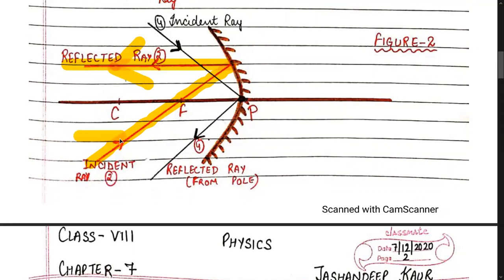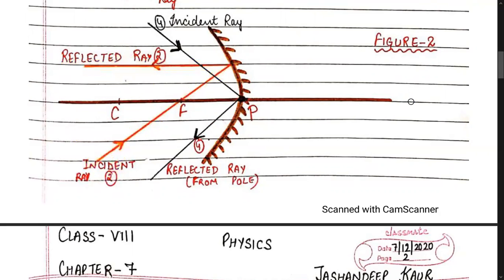So if a light is incident and passing through focus, it gets reflected in such a manner that the reflected ray is parallel to the principal axis.